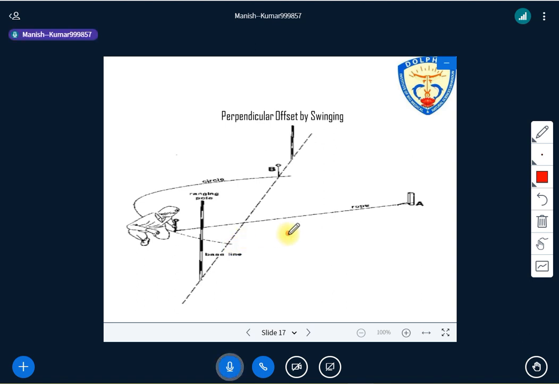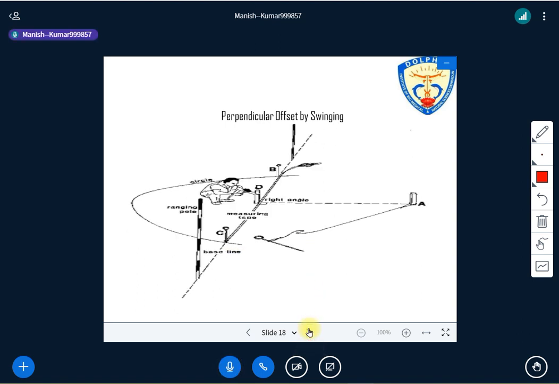Then, as I told you, you have to measure the distance, and the shortest distance will be at the right angle, and that is your perpendicular offset by swinging. Then you can use any peg to locate that position, and then you can measure this distance, and you have this perpendicular offset. I hope the concept is clear.